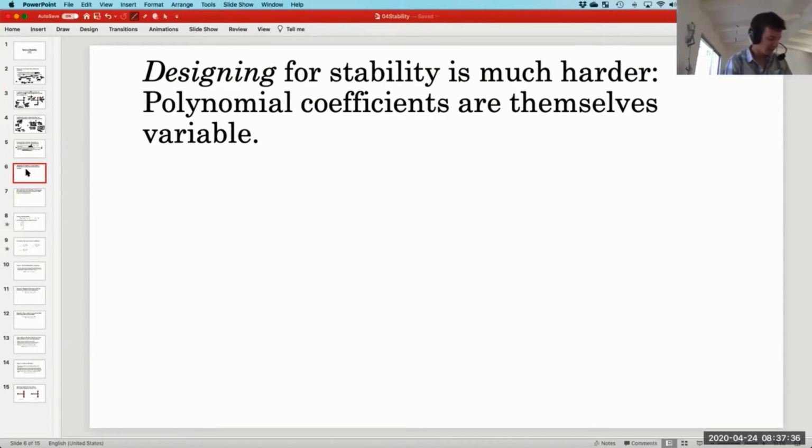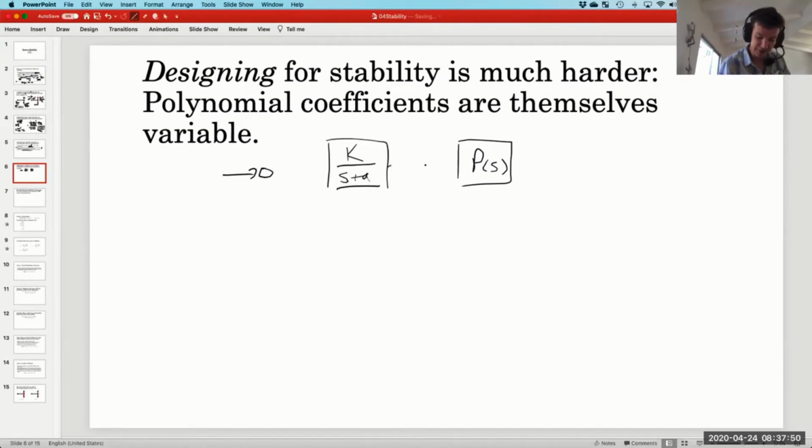So let me give you another picture about what I'm talking about here. Let's say that we have a process that we'd like to control, and the proposed controller is some kind of first-order low-pass filter. We don't know K and we don't know A, but we'd like to design K and A such that the closed-loop system is stable.